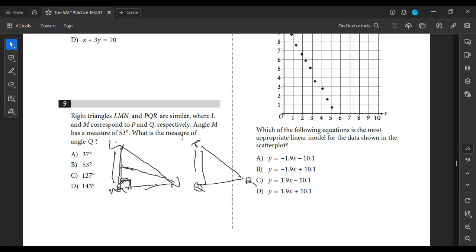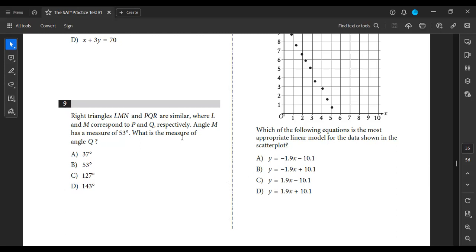If this was 53, then this is 53 as well, because we could have probably drawn it like that: LMN, PQR. Oh, it's very bad art. But if the angles are corresponding, L, M, and N correspond to P, Q, and R, it means they're congruent, so they're similar, right?